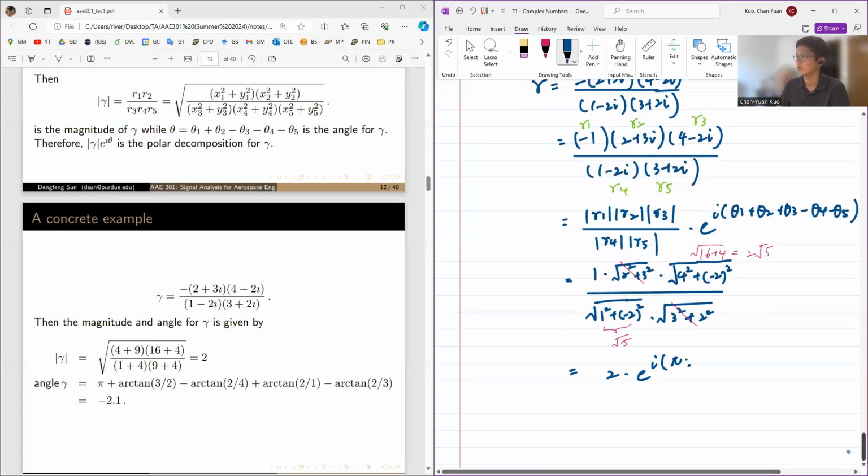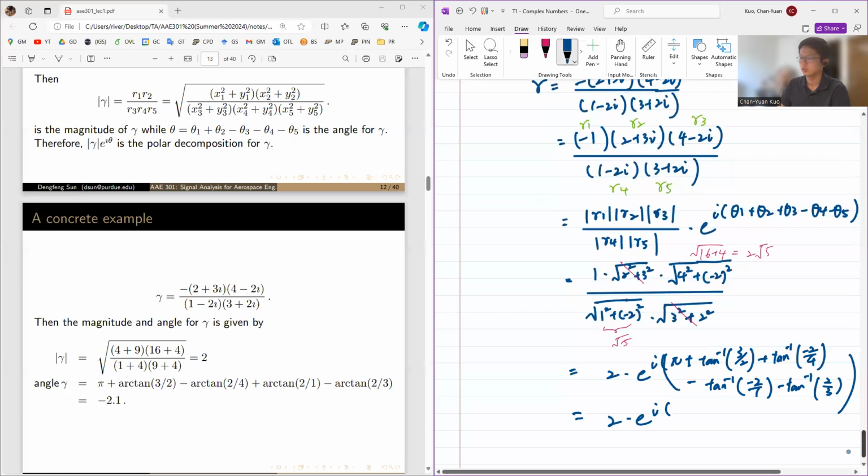The angle of theta 2 will be arctangent of 3/2 plus arctangent of -2/4 minus arctangent of -2/1 minus arctangent of 2/3. And this is roughly going to be -2.